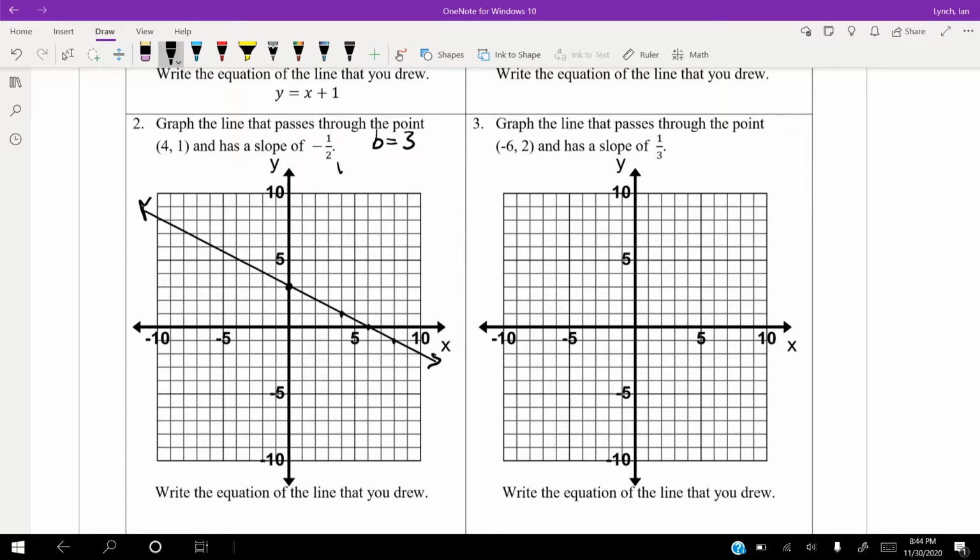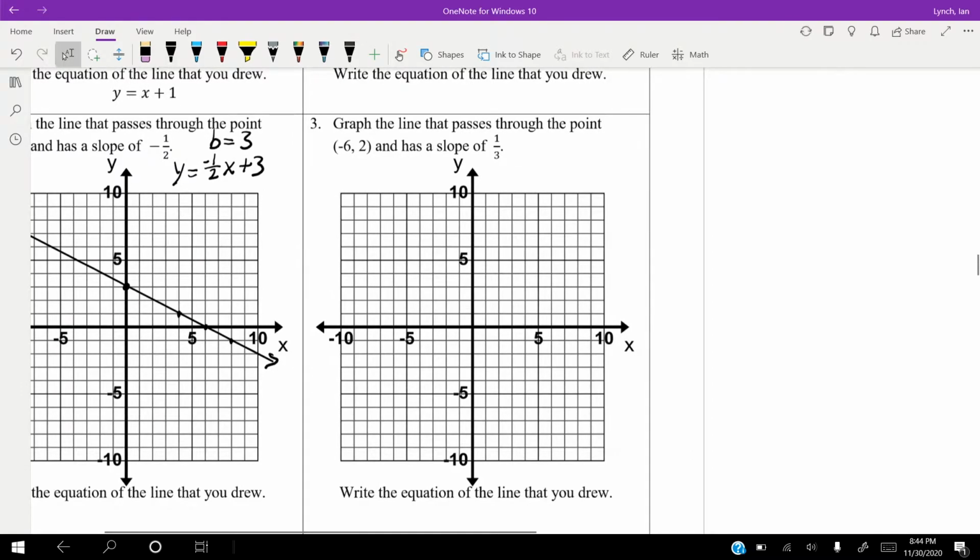So our equation is y equals -1/2 x plus 3. Over here, I'm going to plot the points and draw the line, but then I'm going to show you guys the mathematical way of finding out what b is.